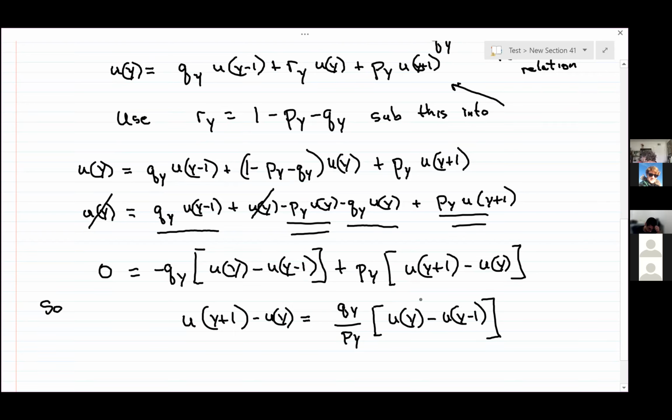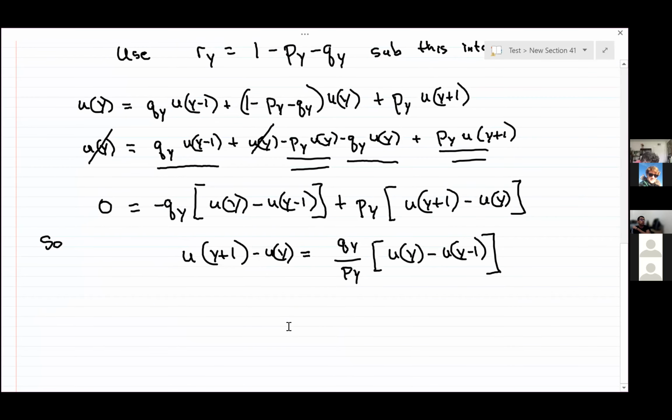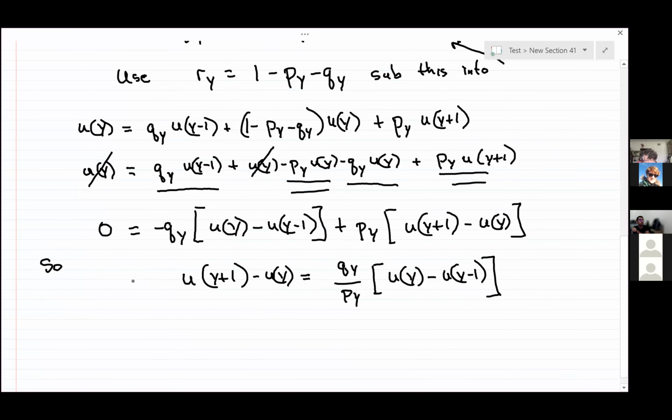Okay, so perhaps a good way to think of that is bring this first term over to the left. Well, it's not exactly the same, but I'll still describe it. Bring this term to the left and then divide both sides of the equation by p sub y. So on the left, you'd have q sub y over this difference by p sub y. And on the right, you would just have this difference. So it's just moving things around. And this they call in your book equation 56.